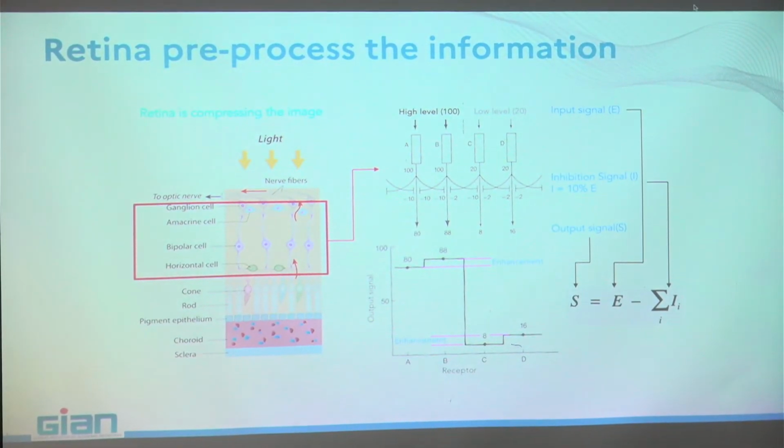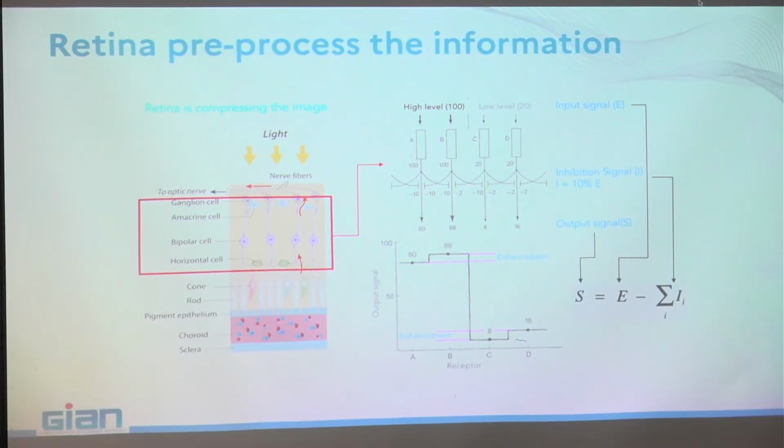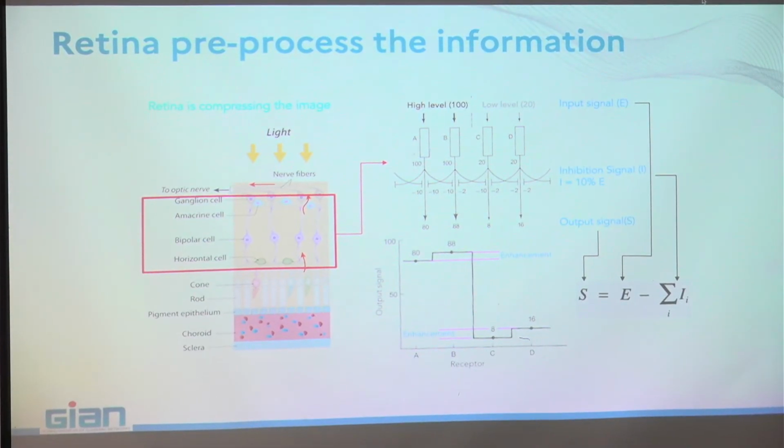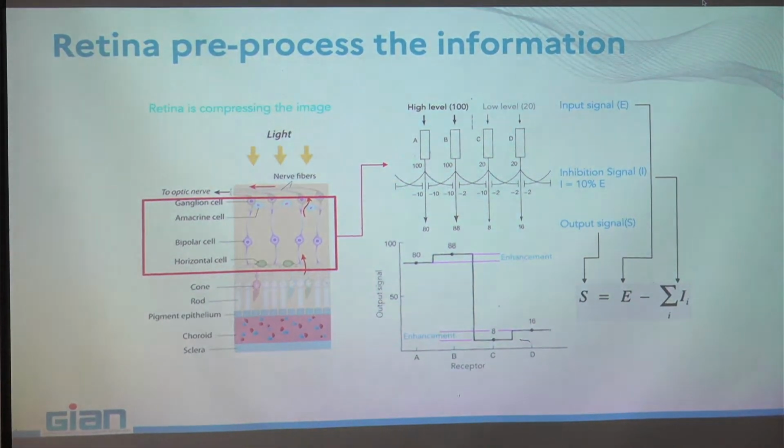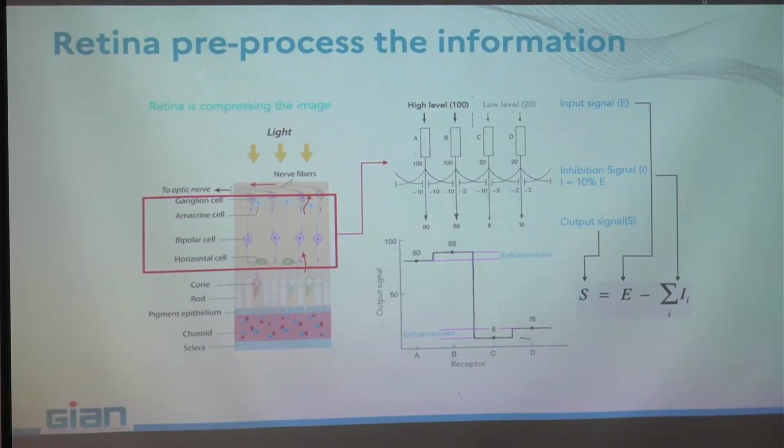But remember, we have 125 million rods per eye, and each cone can respond to only receive 2 photons. You have a billion photons hitting your retina at any second. That means you have almost all the rods and the cones responding simultaneously.